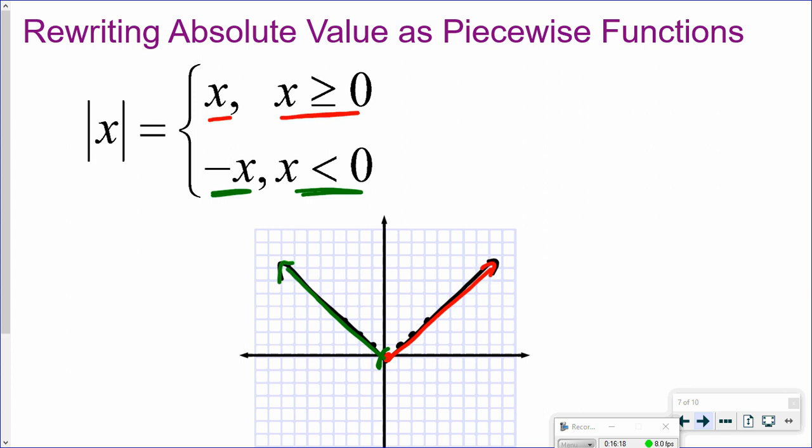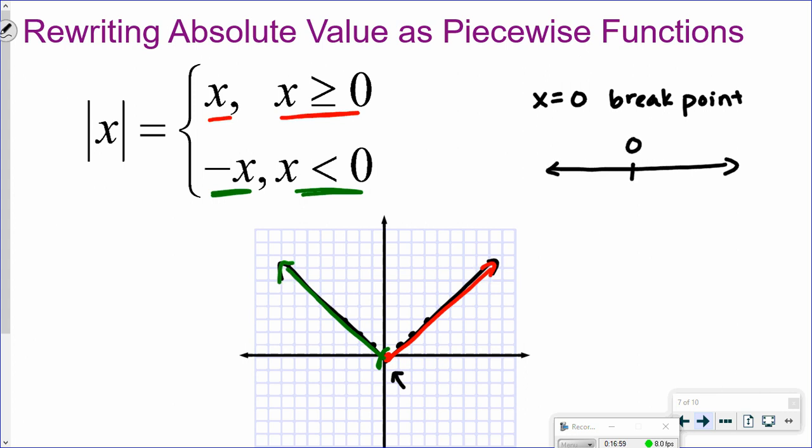Okay. So let's talk about 0. Where x is 0 is the break point of our graph. That's where the graph switches from decreasing to increasing, or from the negative slope to the positive slope. So I'm going to call that our break point. It is a critical number because it's a break point. Let's look at that on a number line. There's my break point.